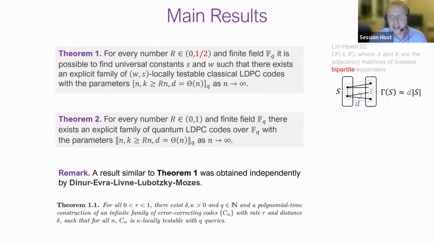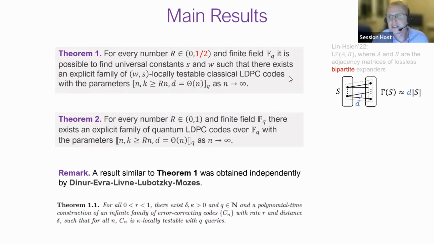I should also say about very recent results, some of which appeared just several days ago. This is a new construction of Lin and Shea that appeared quite recently. The idea is very similar to the lifted product.